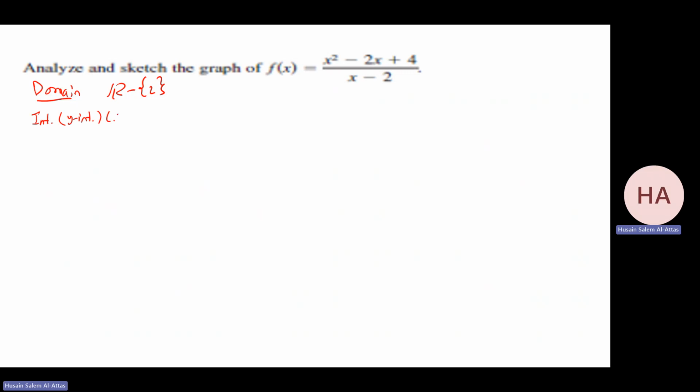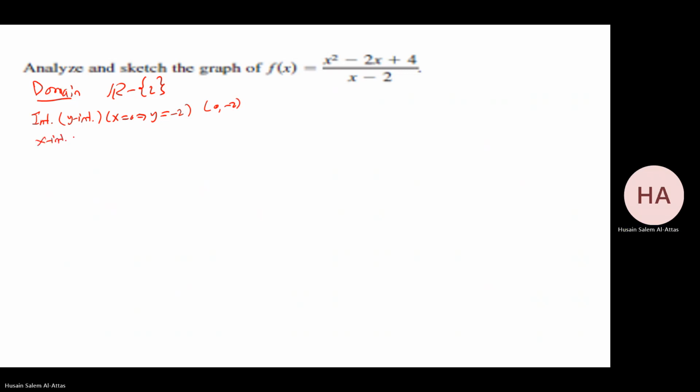Y-intercept: I will make x equal 0 to get y equal 0, 0, minus 2. So I have the point 0 and minus 2.